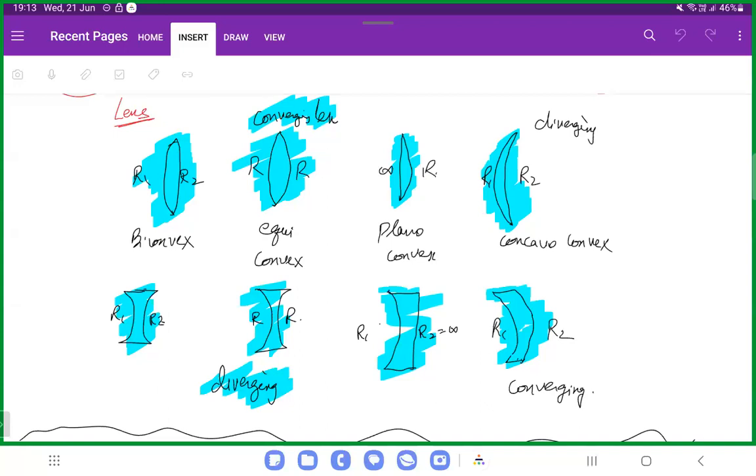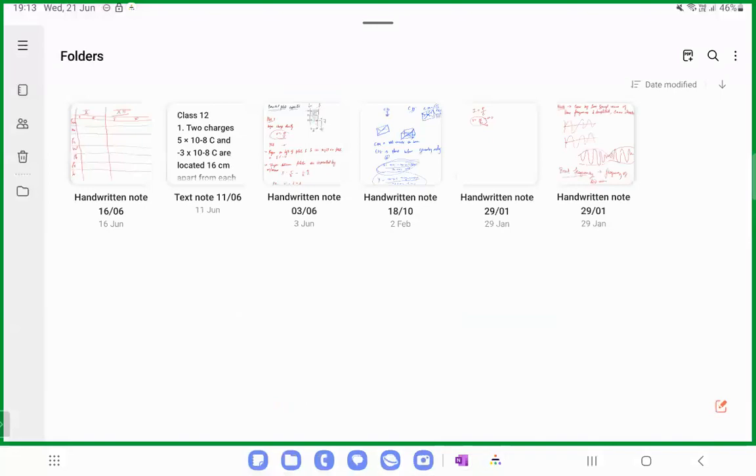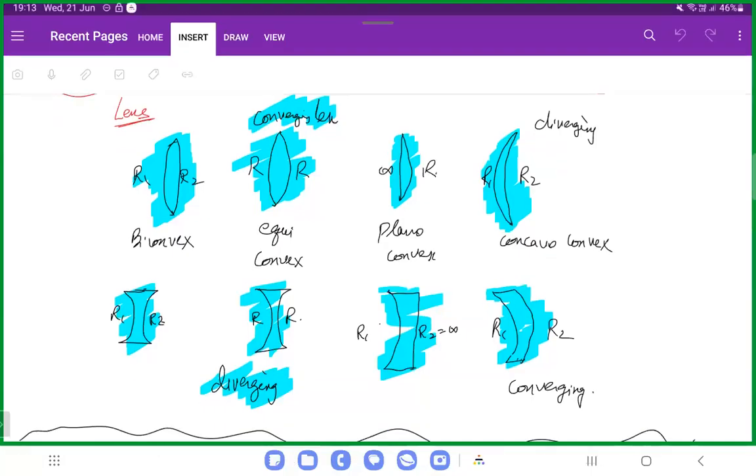Okay, so yesterday we were discussing lenses. We started lenses here.